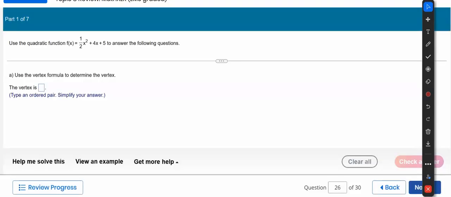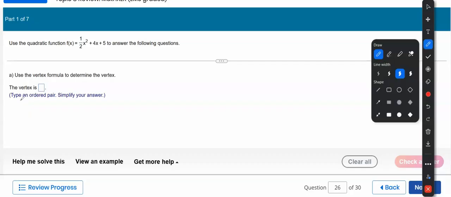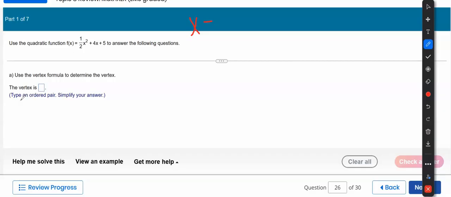Use the vertex formula to determine, we want to find the vertex. So how do I do that? What do we start out with? A -4 divided by 2 times 1/2. Yep. What is that? -4. Yes, it is. So the vertex starts out -4.